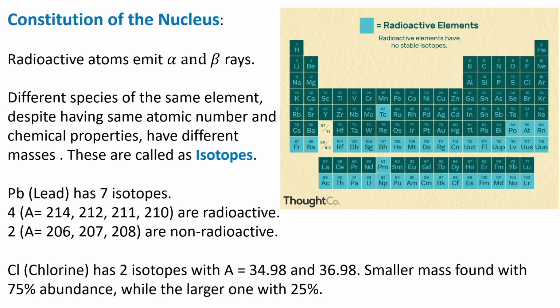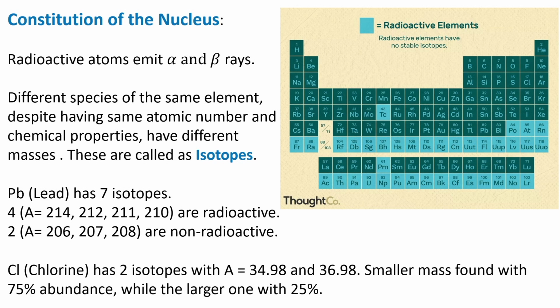This periodic table that you see is taken from this website, which identifies the radioactive elements, and you see radium, uranium and so on, and polonium and various other radons and so on. These are the radioactive elements.